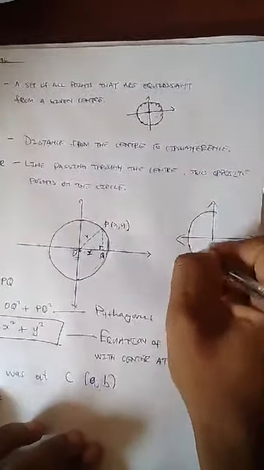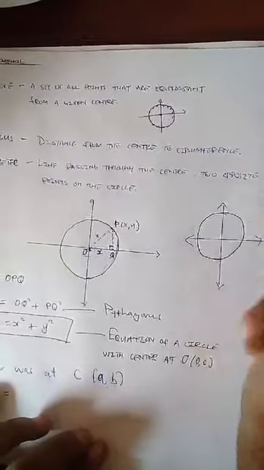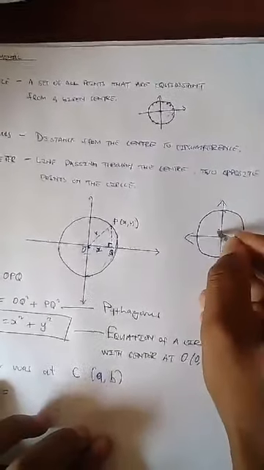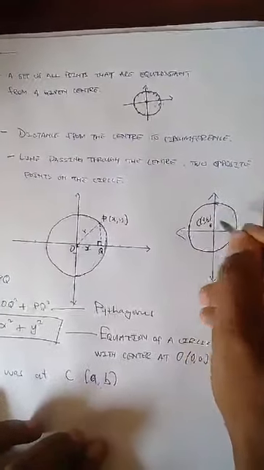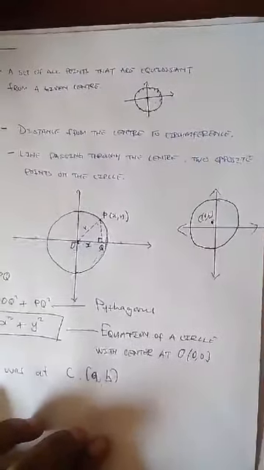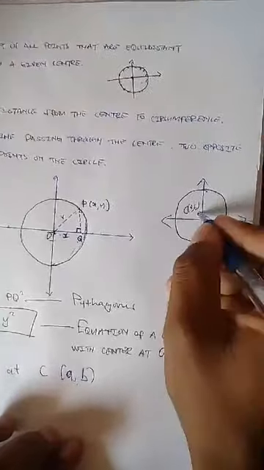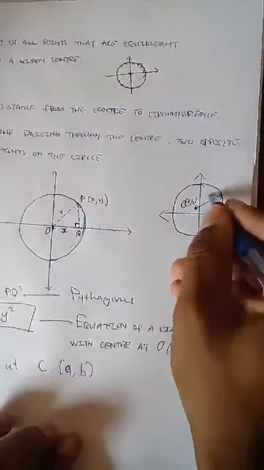Now let's say the circle is somewhere, it's something like this, right? Maybe the center is somewhere there, the point C, which is A, B. So you can still have your radius R or whatever.